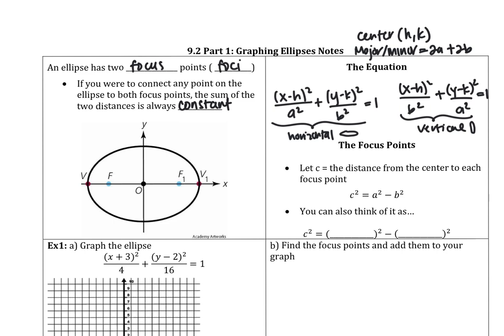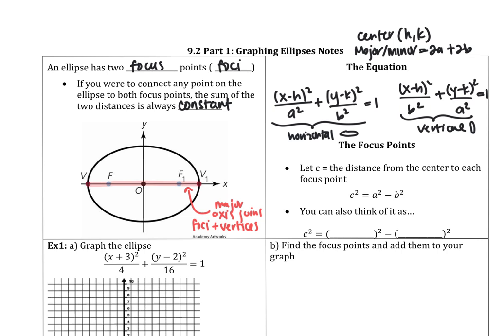So this is our major axis of the ellipse. And the major axis joins the foci and the vertices.